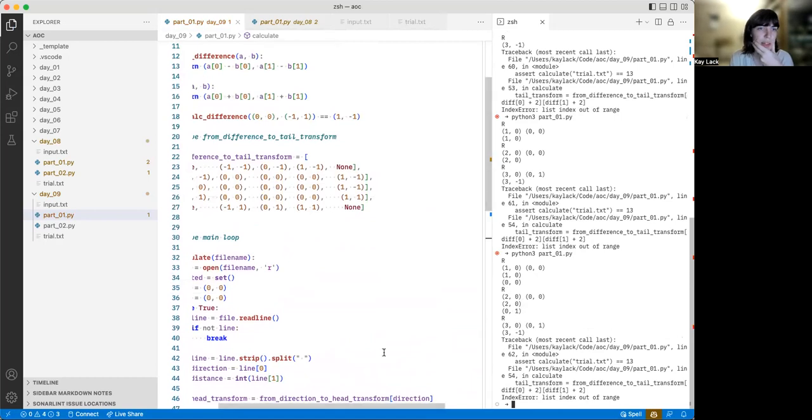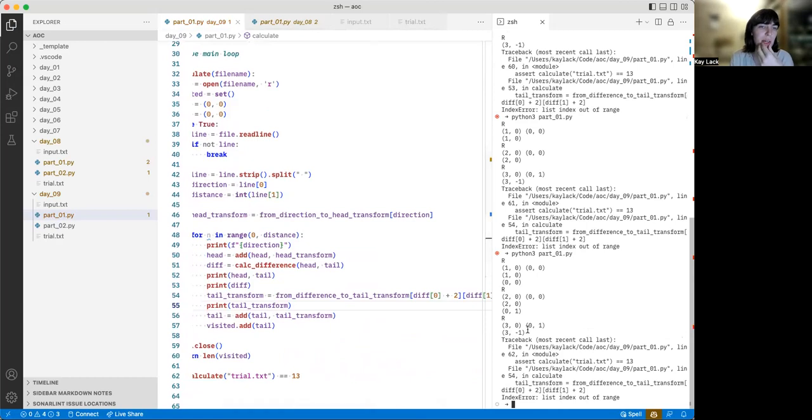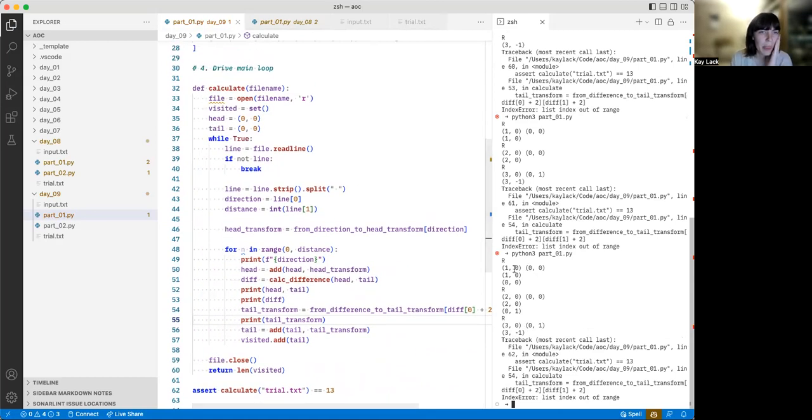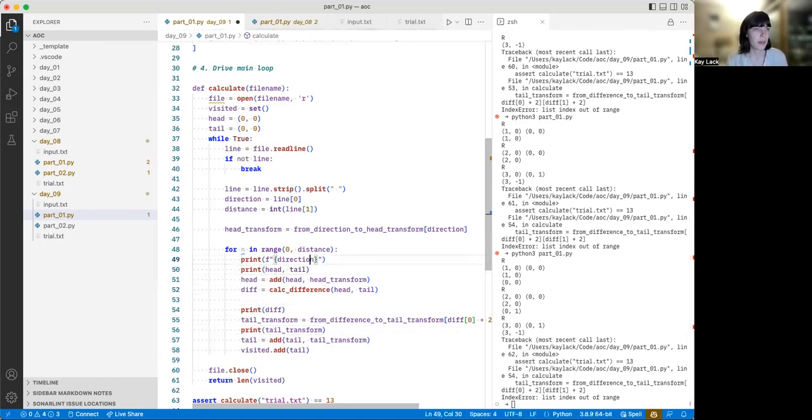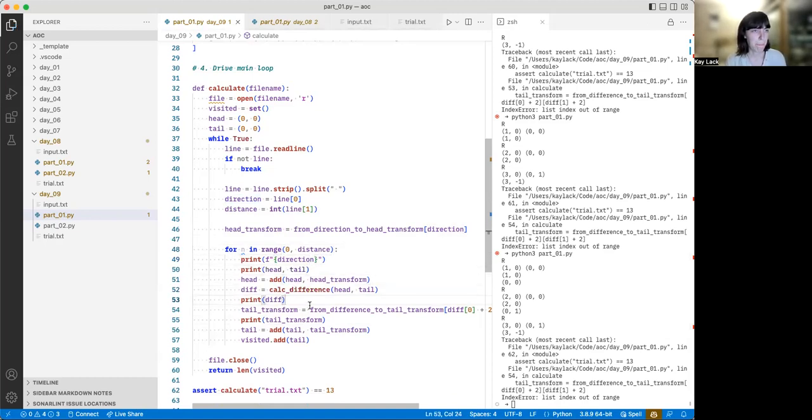Why isn't that being applied? I know it is being applied. So, okay, if we look at this, we start off here. Okay, focus.